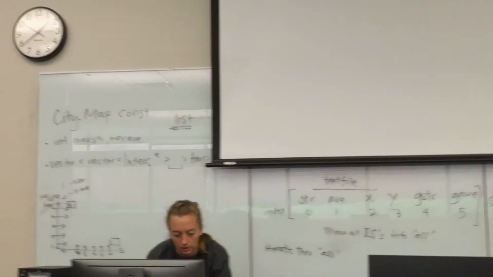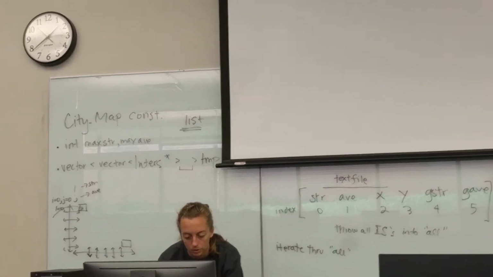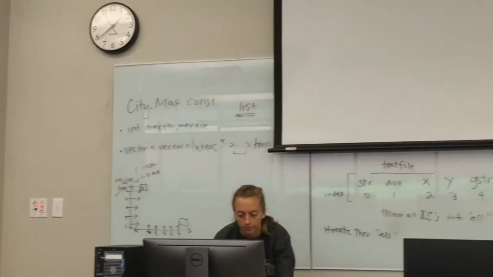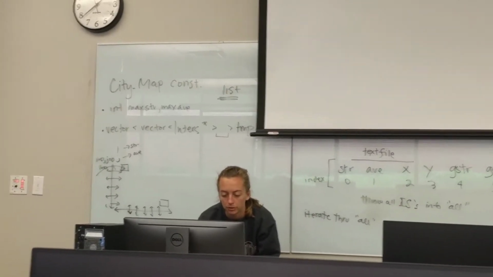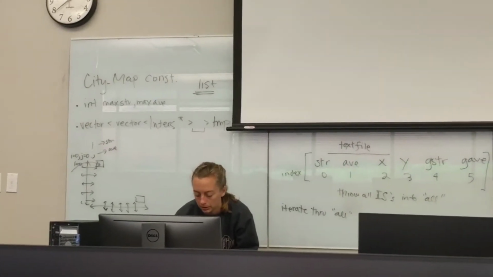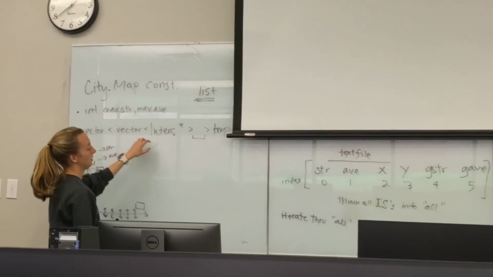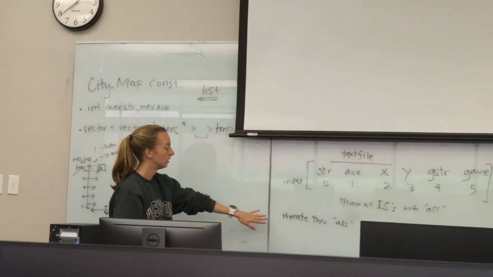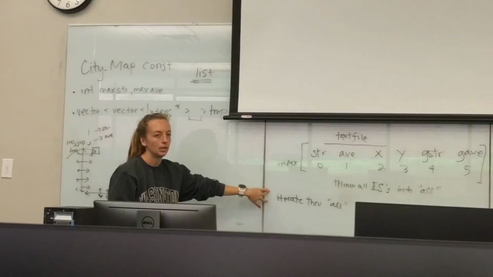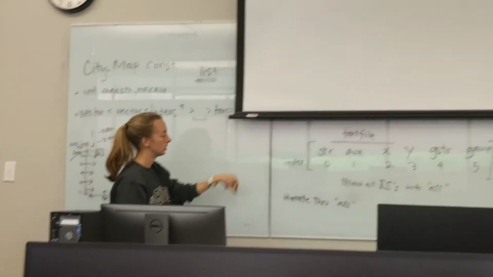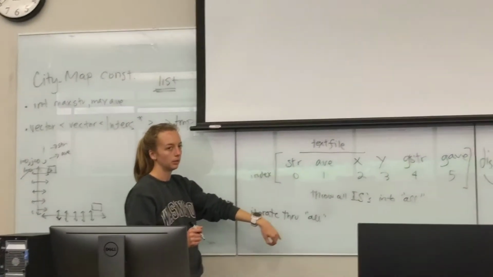Okay, so we've talked about reading it in, finding the highest number street and avenue, and the temporary vector. Have your vector filled in. Remember, this is just simply iterating through your all list and throwing them in where they should be, because you have the street and avenue number as fields in the intersection.